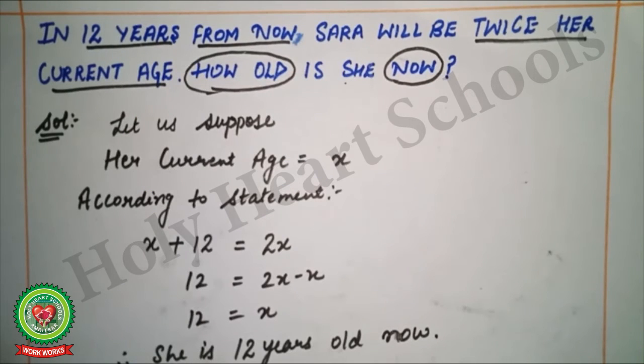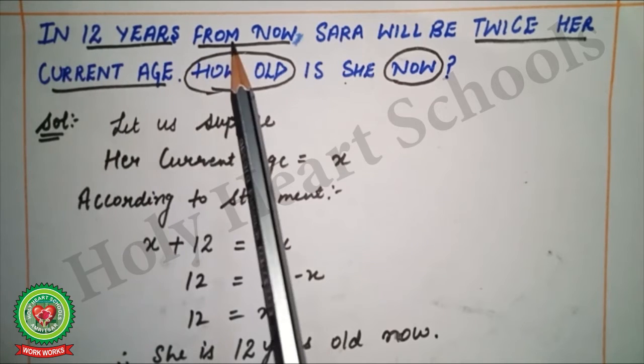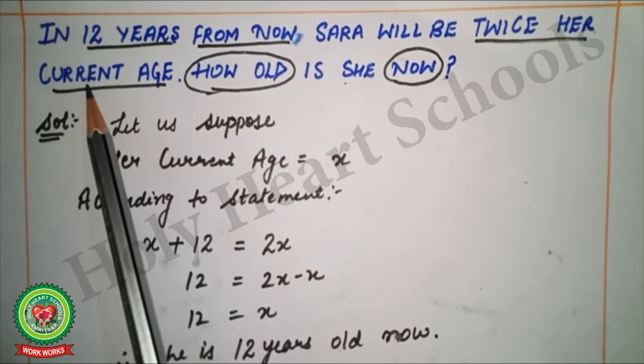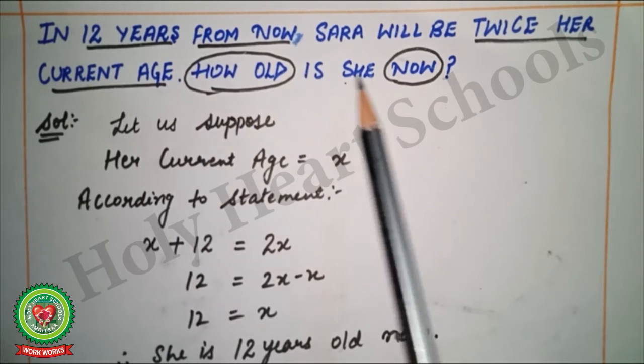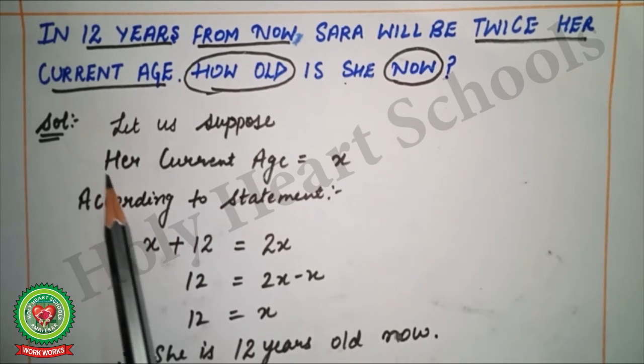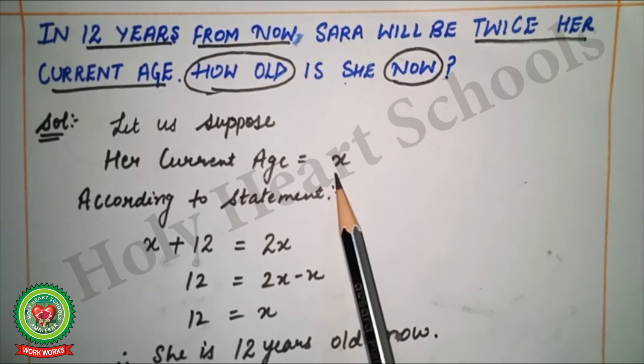Now here we have the next question. Let's read the statement. In 12 years from now, Sarah will be twice her current age. How old is she now? So let's get started with the solution. Let us suppose her current age would be x, right?